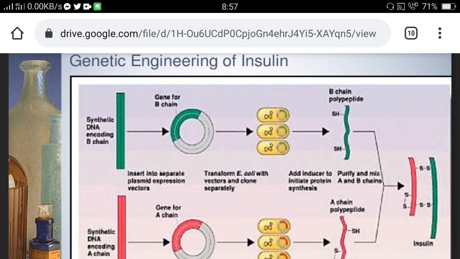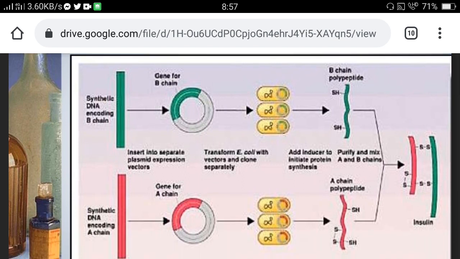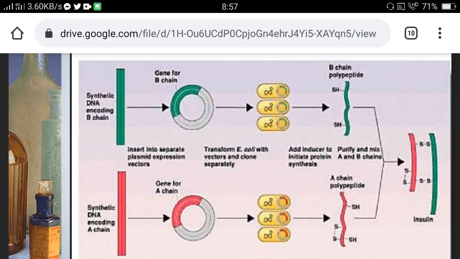Genetic engineering of insulin. See how the production of insulin is diagrammatically shown. Synthetic DNA encoding the B chain, the gene for the B chain, is introduced in bacteria, producing the B chain polypeptide.